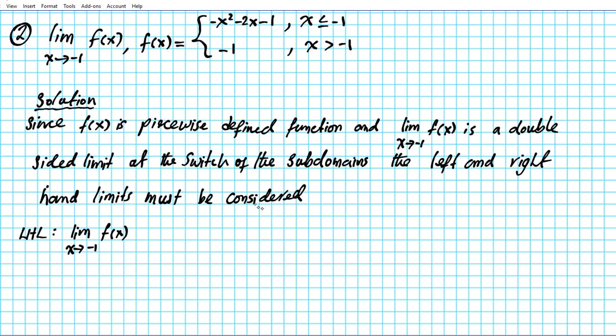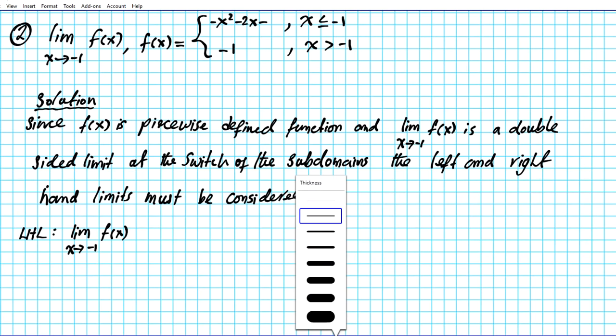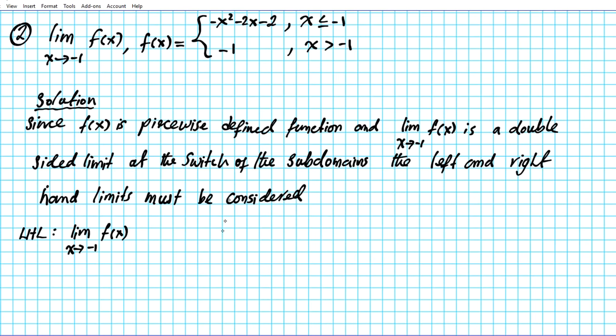Alright, so let's make a slight modification here. Let's see, x squared minus 2x minus 2. Okay, so that's supposed to be minus 2. Alright, so let's give ourselves a visual to help us to easily determine what function is active where.